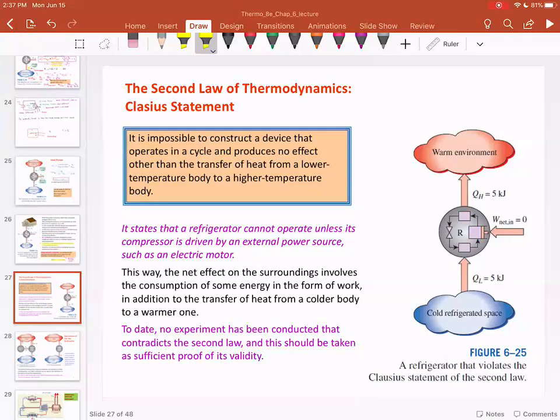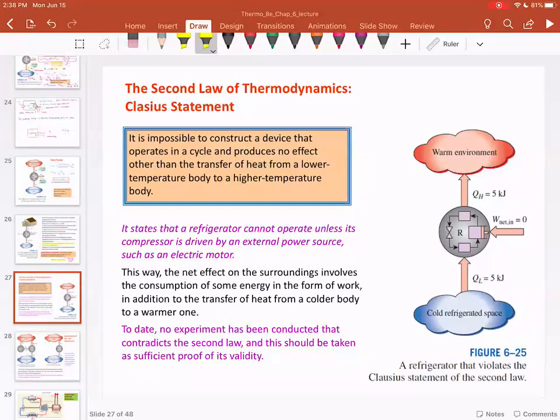Now, it is very important to realize that just like the first law of thermodynamics, the second law of thermodynamics is not proved mathematically, but no experiments performed so far have shown that the second law is not true.